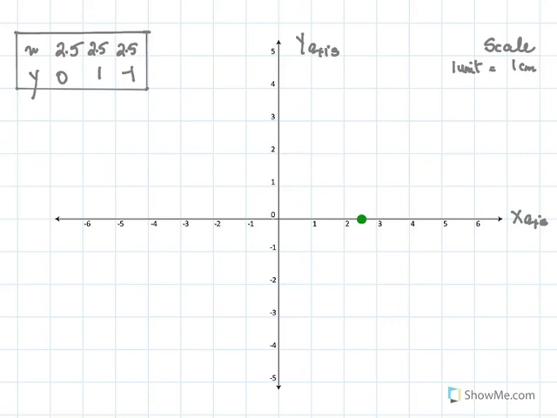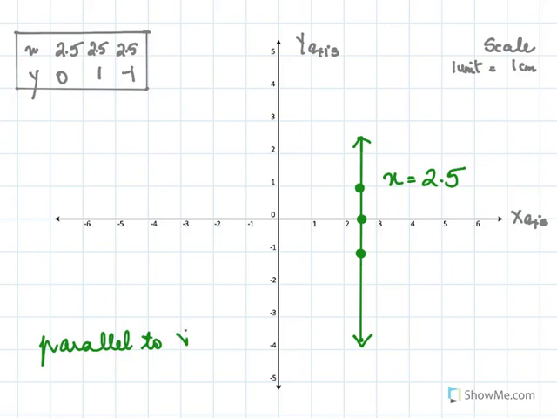Then next is 2.5 and 1, which is here. 2.5 and minus 1 would be here. So this is the line, that is x equal to 2.5, and we see it is parallel to the y-axis. X equal to 2.5 is parallel to the y-axis.